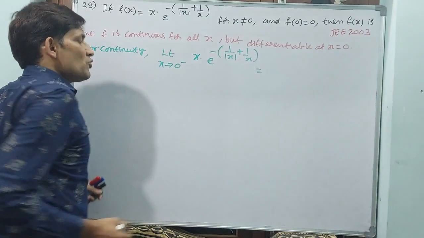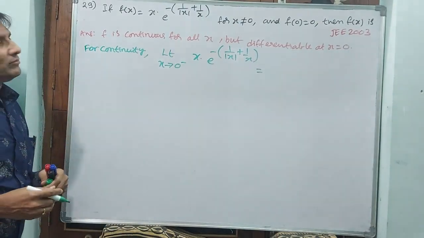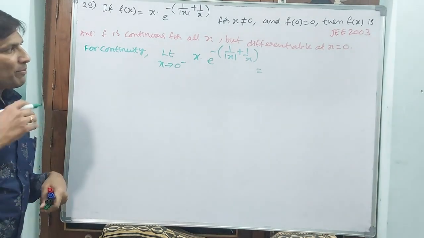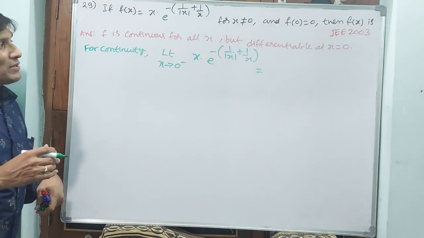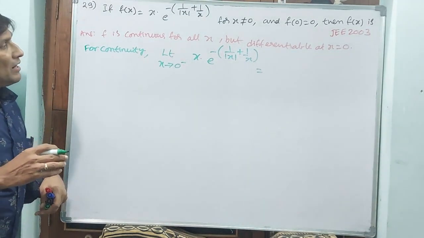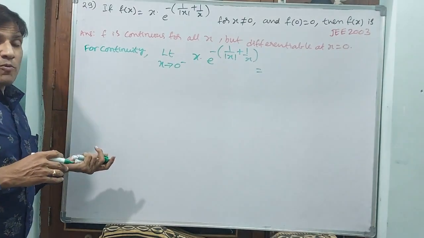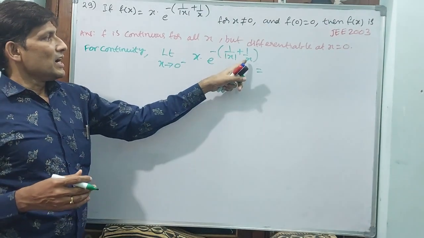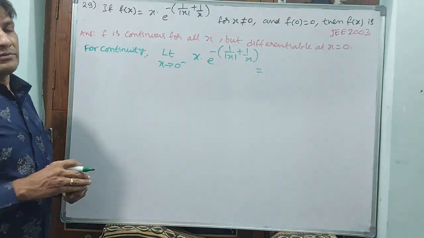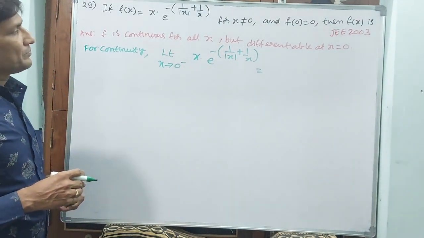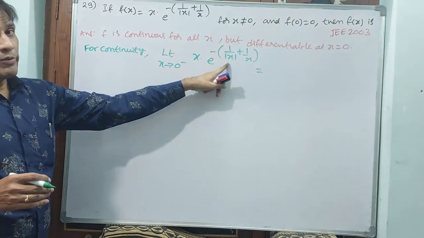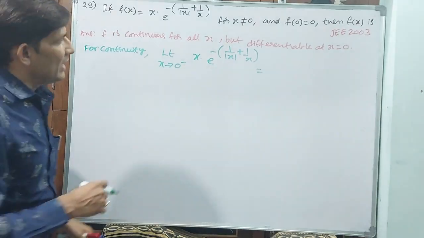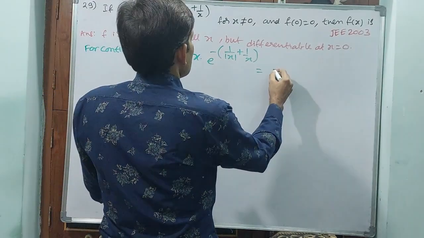See, 0 minus means we are going to apply 0 only, but 0 minus means naturally x is negative. Negative. That means, shall I take this as a negative number? The modulus is going to become positive, but this is going to become negative. You have to understand that.